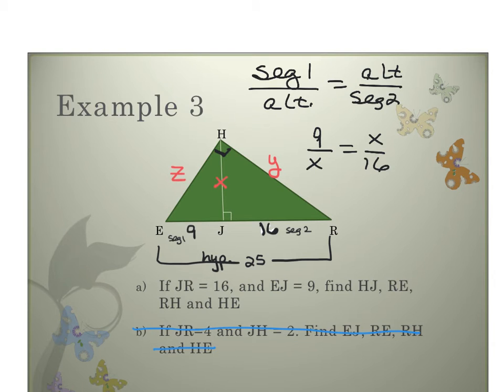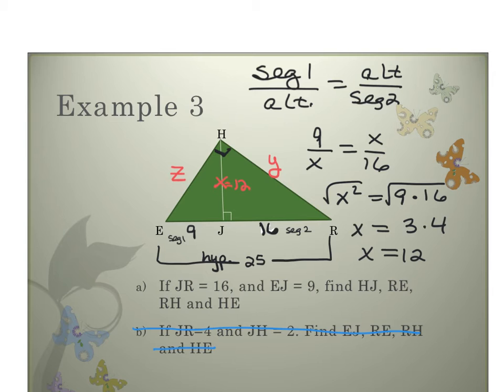I need to cross multiply. X times X gives me X squared. I'm not going to multiply 9 and 16 because I'm going to factor it from here. If you realize 9 and 16 are perfect squares, you can just pull them out and say x is equal to 3 times 4, and x equals 12. So my altitude is 12.